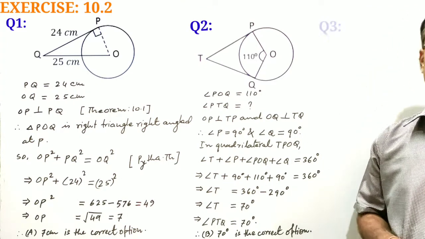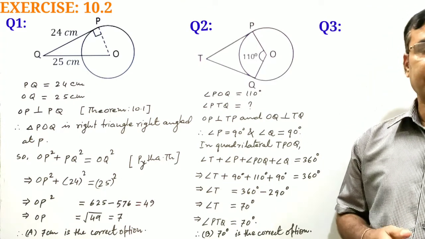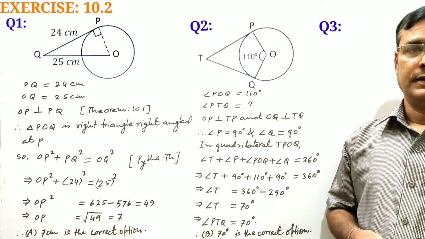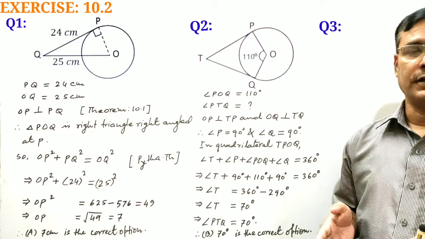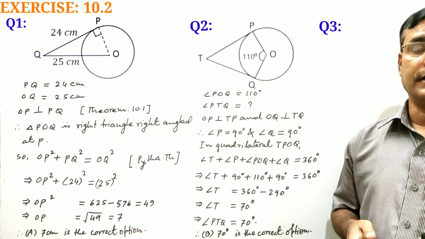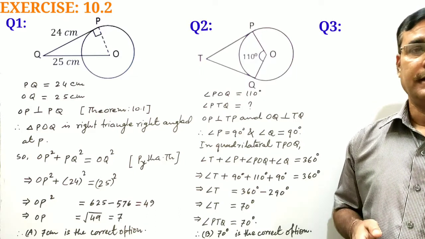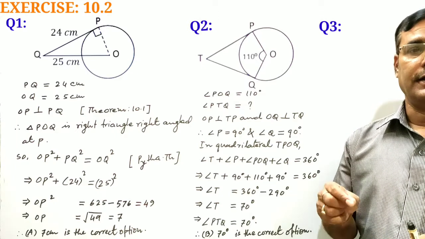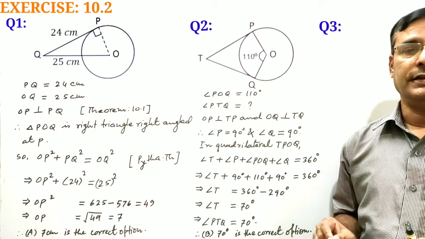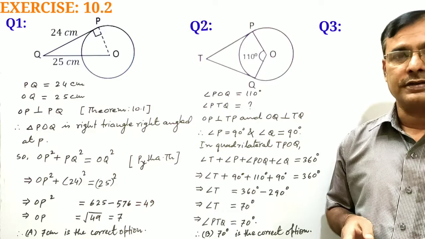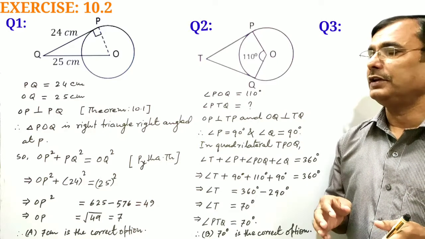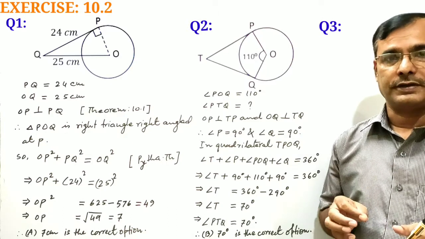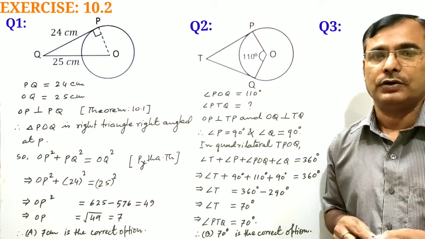Question number 3. If tangents PA and PB are drawn from a point P to a circle with center O and they are inclined at an angle of 80 degrees, then angle POA is equal to. 4 options are given and we have to choose one correct option from these 4 given options.